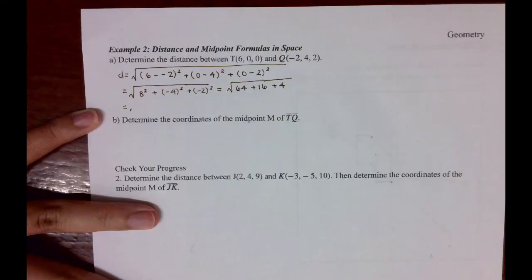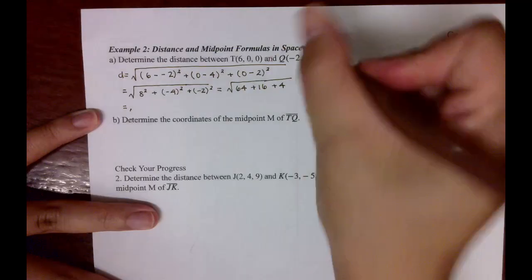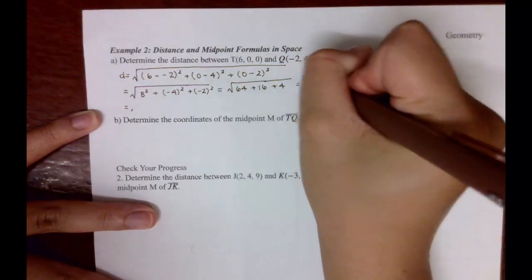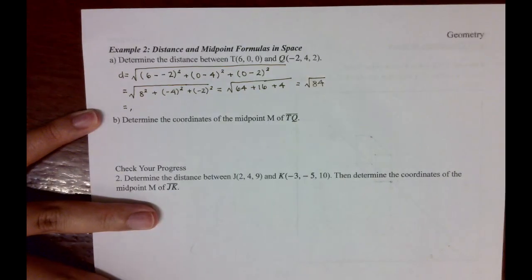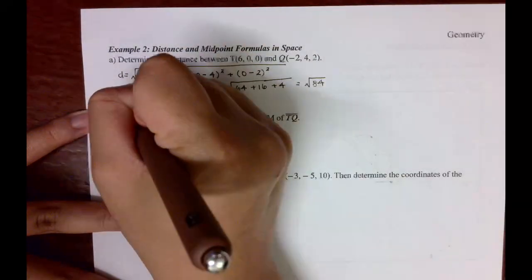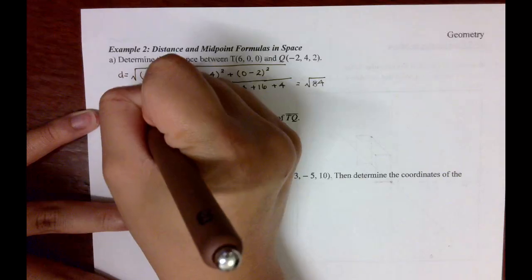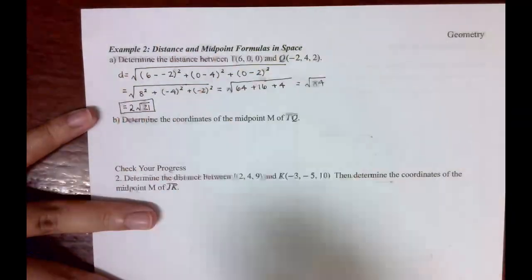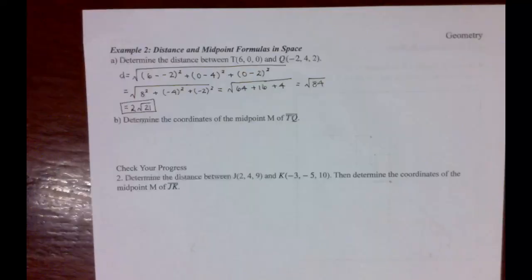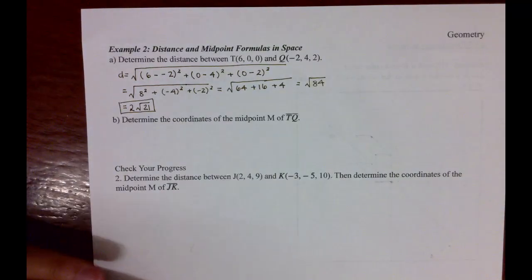Okay. 64 plus 16 plus 4 is 84, so square root of 84, and then if I simplify the square root of 84, that gives me 2 square root of 21, okay, and so this is my distance between the points.